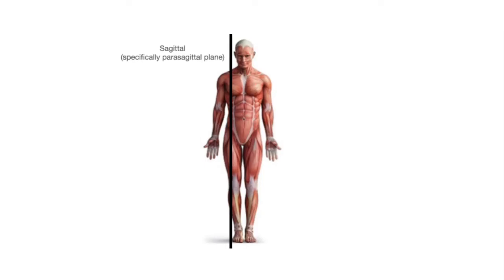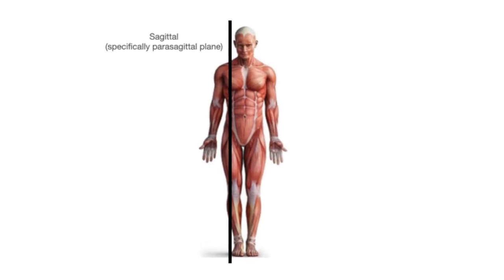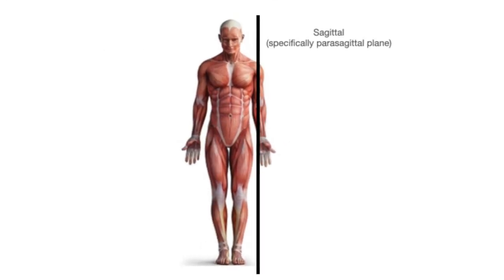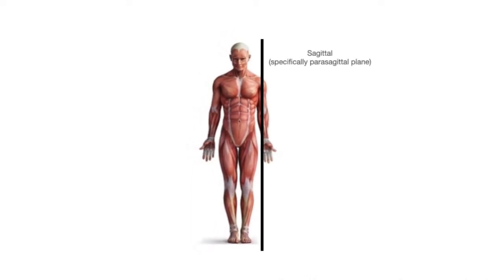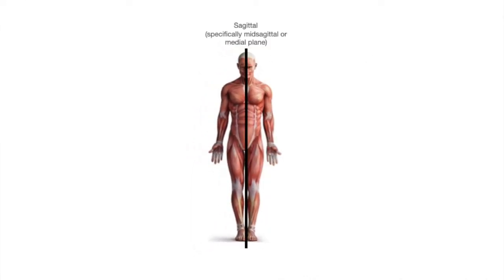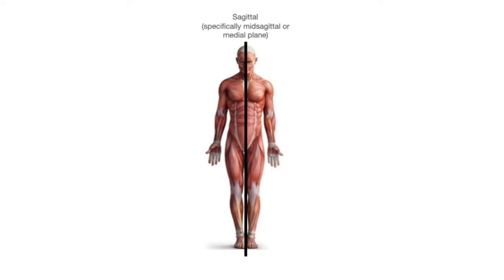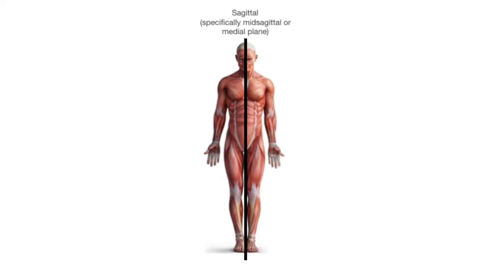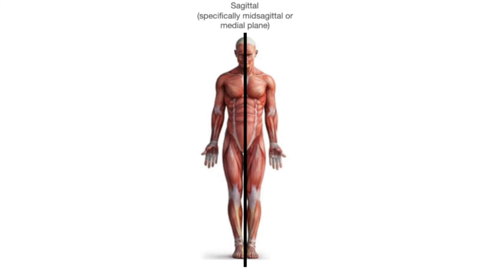We have the sagittal plane, which is a sagittal section, which divides the body into left and right sides. So the sagittal plane, left and right. The mid-sagittal is going to be specifically a type of sagittal plane that is specifically dividing it left from right, but it's going straight down the middle section of the body.